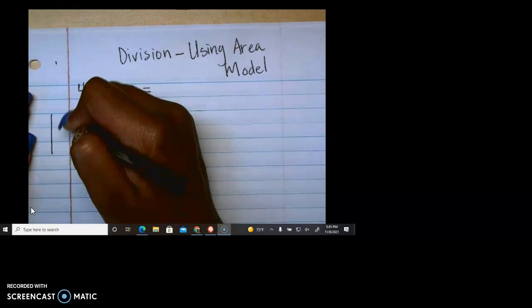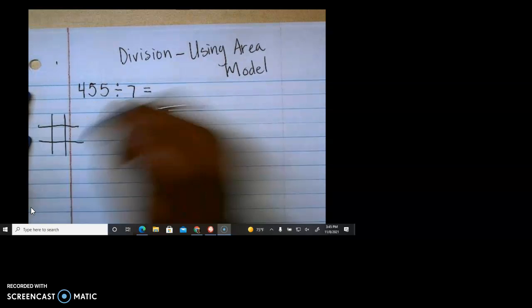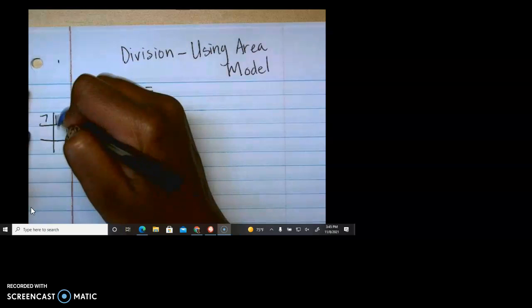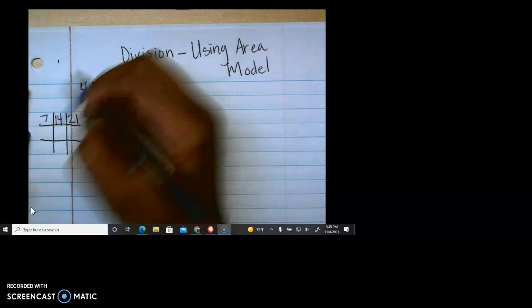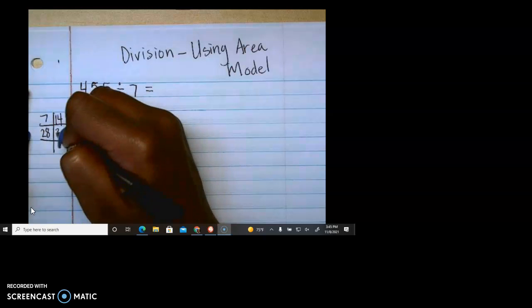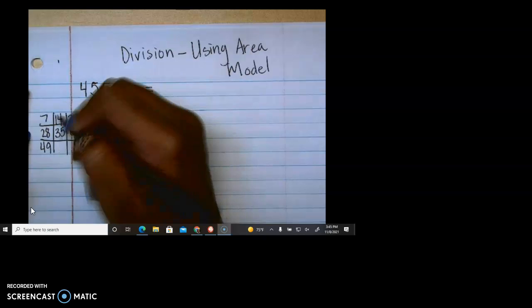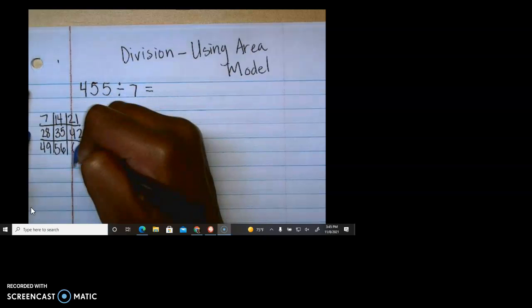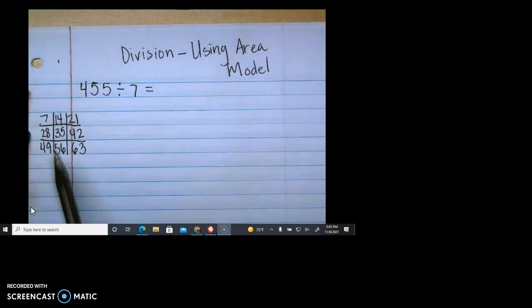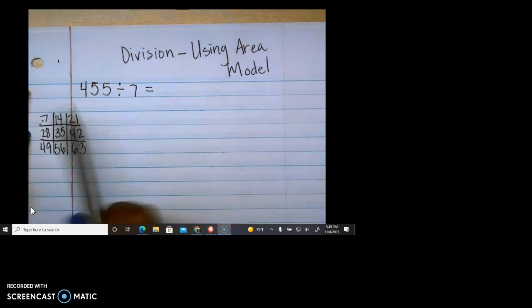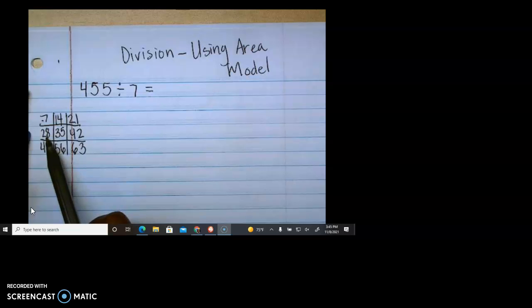Over here on the side, boys and girls, I'm going to do my little tic-tac-toe chart with my multiples of 7: 7, 14, 21, 28, 35, 42, 49, 56, and 63. Remember that this means 7 times 1 is 7, 7 times 2 is 14, 7 times 3 is 21, 7 times 4 is 28, and so on.